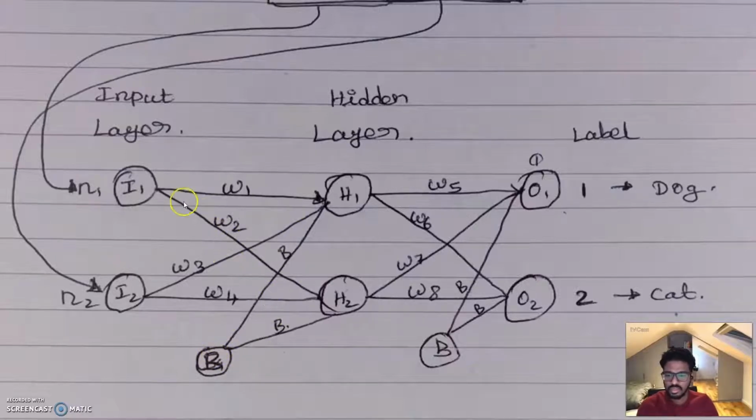So what are these weights actually? The weights are the connections between the neurons. Here we have built a fully connected neural network. Each layer is connected fully with the other layers.